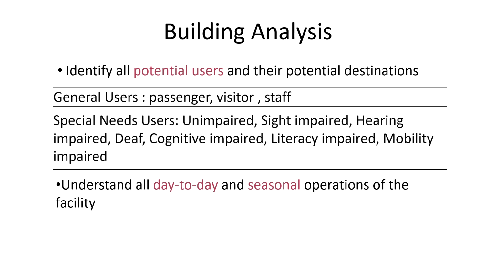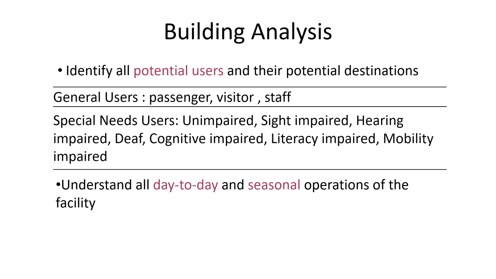By considering the diverse needs of both general users and special needs users in the planning and design of the wayfinding and signage system, buildings can create environments that are inclusive, accessible and user friendly for all individuals.